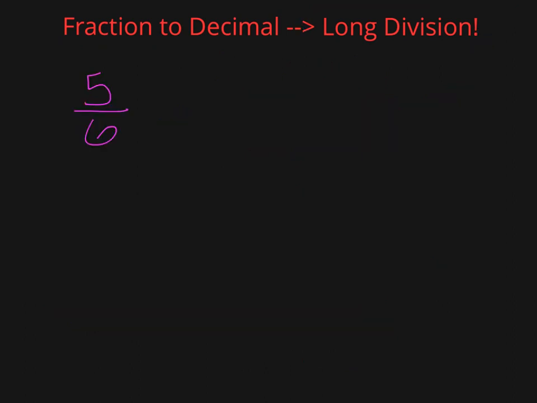Now we're going to do the fraction 5 divided by 6. Set up my long division. It's 5 divided by 6. Does 6 go into 5? Goes in 0 times. Add some decimals. Add a 0. Does 6 go into 50? 6 goes into 50 8 times.